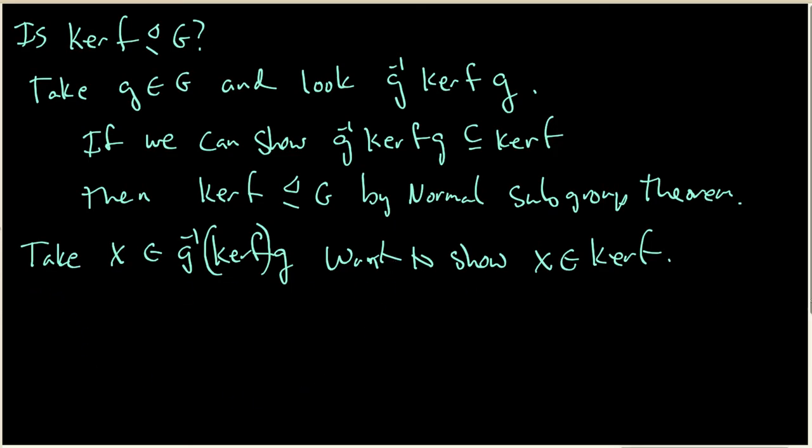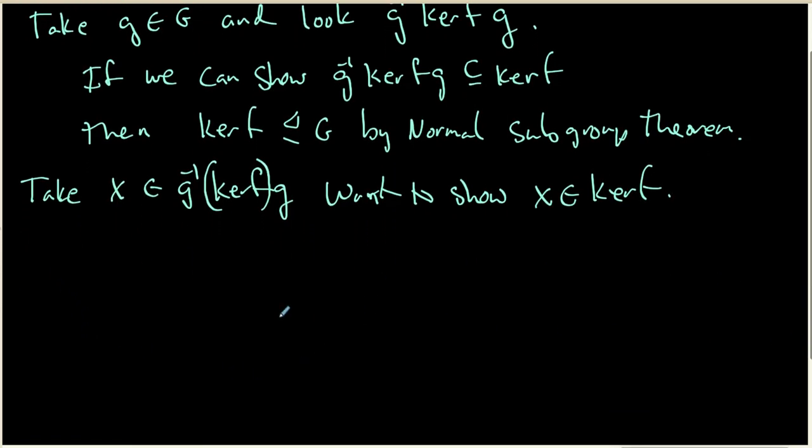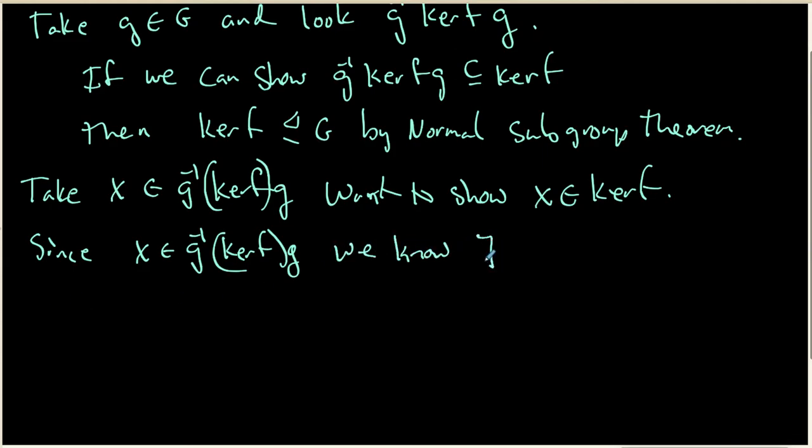Let's see. What am I going to do? Since x belongs to g inverse times the kernel of f times g, we know that there exists some k inside the kernel of f such that x is equal to g inverse times k times g.